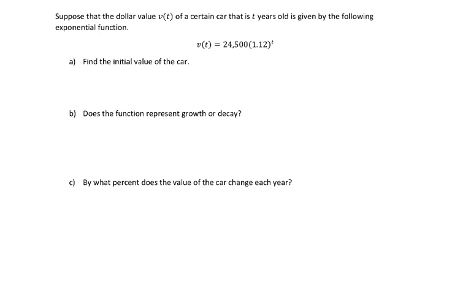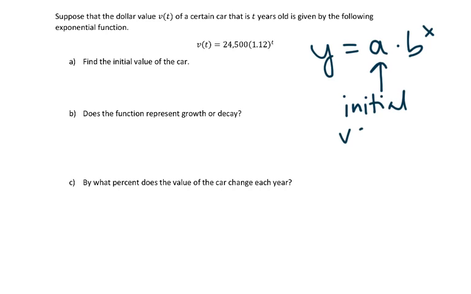So if you recall from your notes, the most basic form of an exponential function looks something like this. And if you recall, your a value is what we call our initial value, and the b value is what we call our growth or decay rates, depending on the value of that.